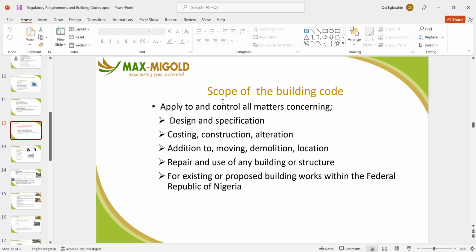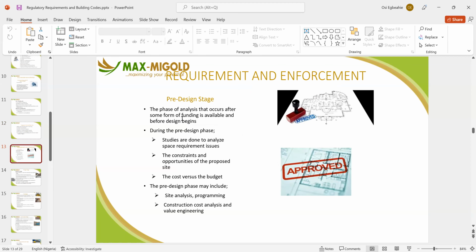For existing or proposed building work within the Federal Republic of Nigeria, you must ensure that the building code is applied. If you look at the requirements for enforcement, at the pre-design stage, this is when the talks are being done.